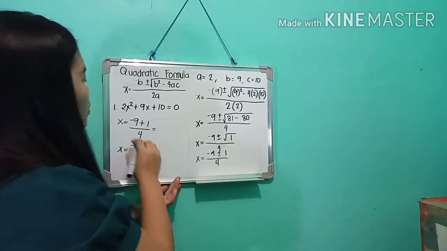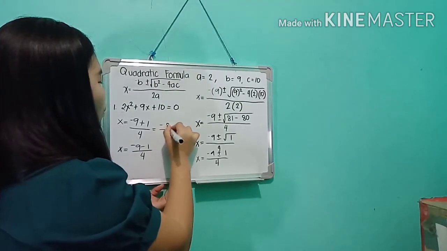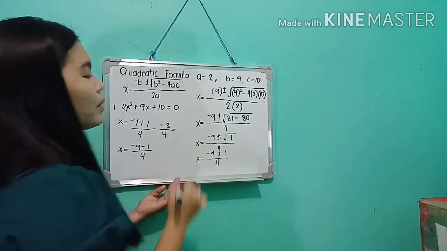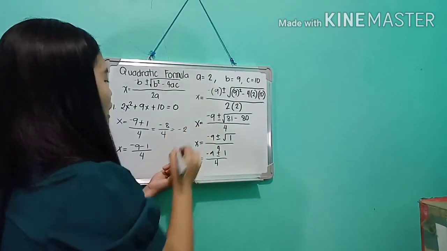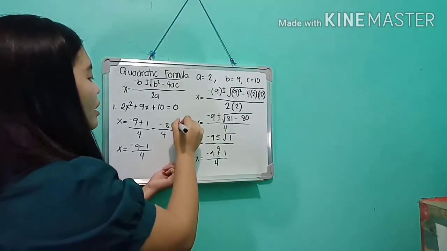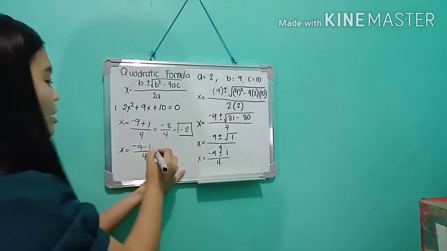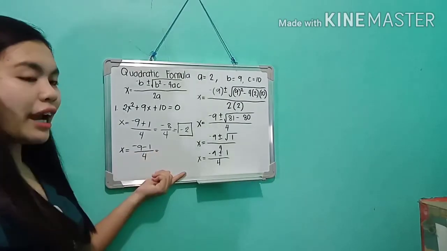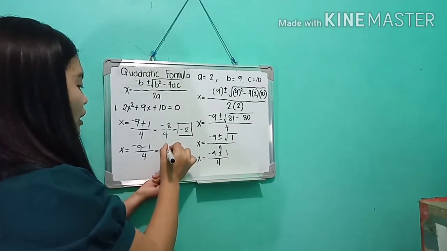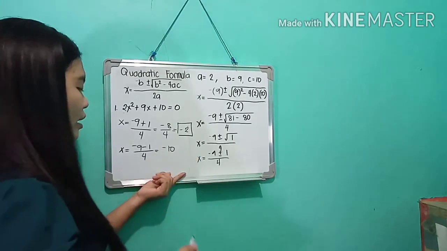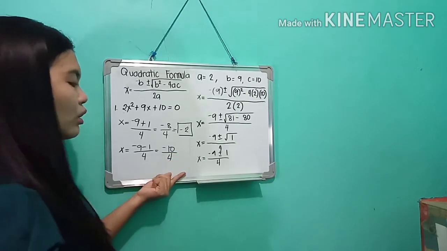Negative 9 plus 1 will give you negative 8 over 4, or simply negative 8 divided by 4, which gives you negative 2. So this is the value of our first x. Next, we have here negative 9 minus 1, which is negative 10, and we copy the denominator 4.